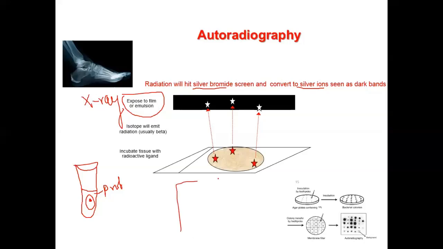Now on the X-ray sheet, you will see dark color patches. The remaining place will be blue in color, and where the radioactivity has happened, that will be black in color. Here you can see the autoradiograph of the colonies.